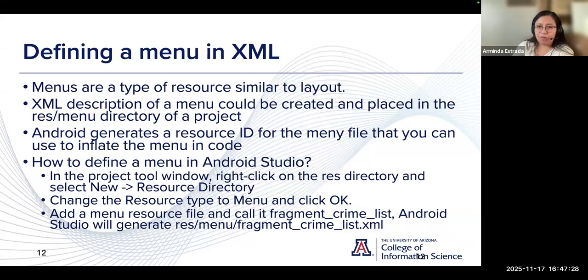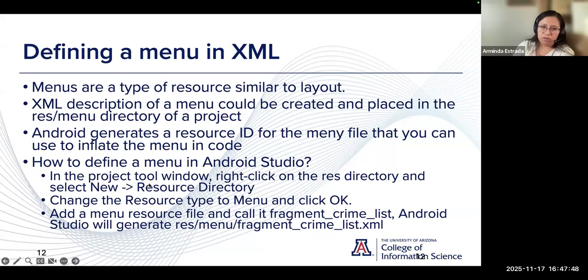Menus are a type of resource similar to layout, and an XML description of the menu can be created and placed into the menu directory of a project. Android generates a resource ID for the menu file that you can use to inflate the menu in code. So how do we find menu? I just showed you.